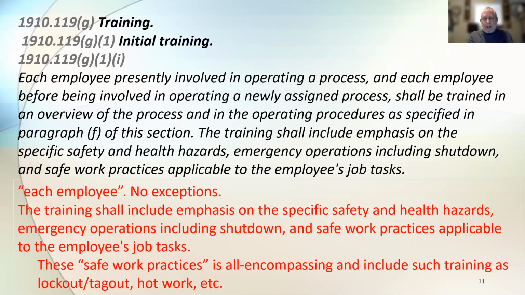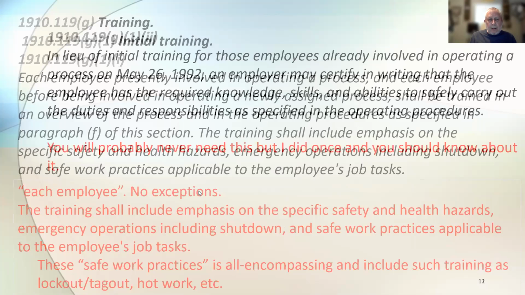Notice, I'm not just reading, I'm adding my comments. Each employee, no exceptions. Training shall include emphasis on the specific safety and health hazards, emergency operations, including shutdown, and safe work practices applicable to employees' job tasks. These safe work practices is all encompassing and includes such things as lockout, tagout, hot work, etc.